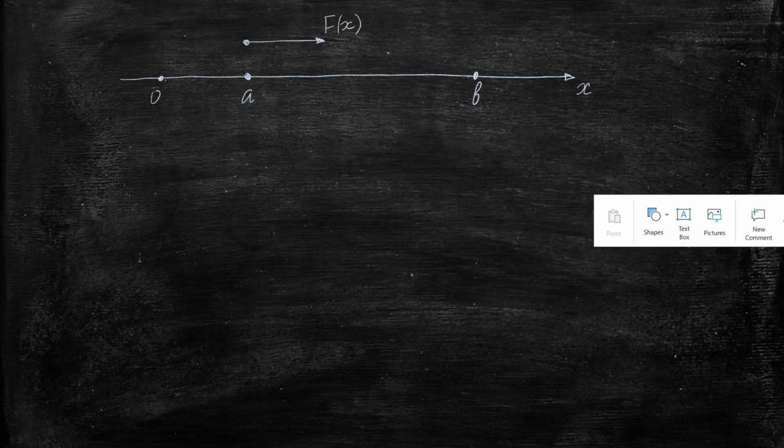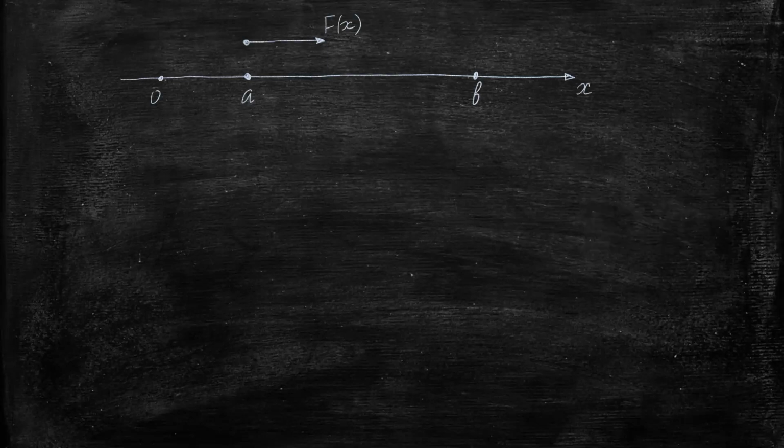All axes have the origin, and let's say here we have a variable force. That means the length of this vector changes as we move something along the x-axis. Let's say the force relocates something from the starting point A to the end point B. And the question is to find the work done by such force.